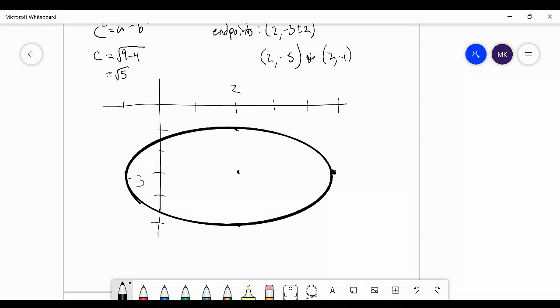And now we can drop in our 2 different foci. Now, it's important that you actually do grab your calculator and look at what is 2 minus square root of 5 and what is 2 plus square root of 5. Because if 2 minus square root of 5 is 0.3, the foci is here. If it's negative 0.3, it's here. Those are 2 big differences, right? The side of the y-axis that it's on makes a difference.